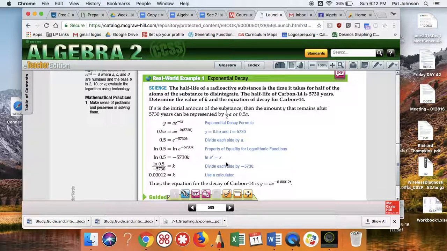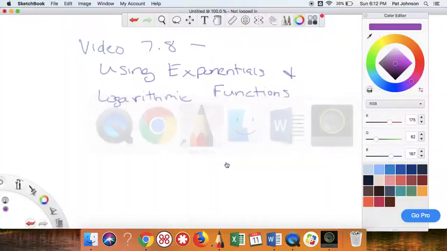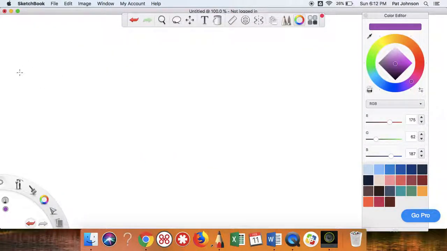So basically, we start off on this problem with our function, our equation. It's going to be y equals a times e to the negative kt, because we have a decay, it's disintegrating.